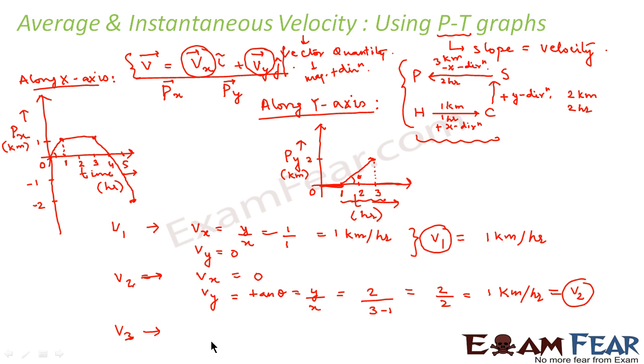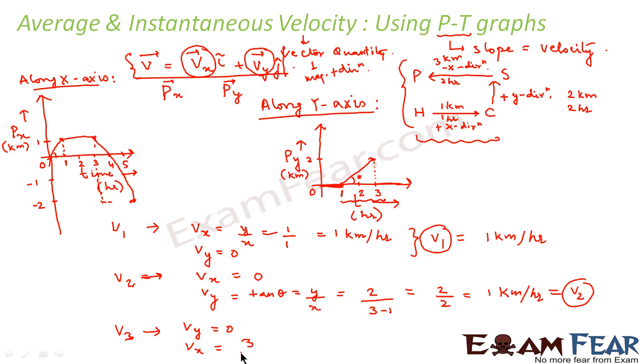Now let us calculate V3. Again for V3, Vy is equal to 0 because it is overlapping with the x-axis, and Vx will be equal to the slope for this line. When we calculate the slope for this line, the y component comes out to be 1, 2, 3.